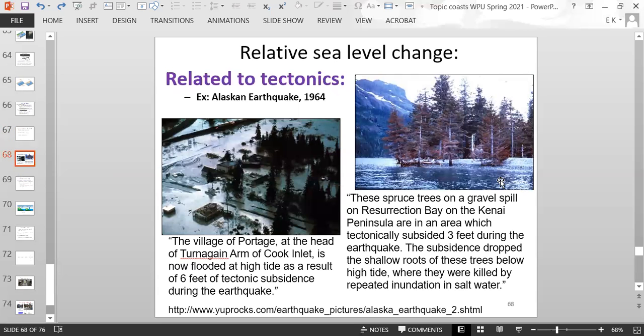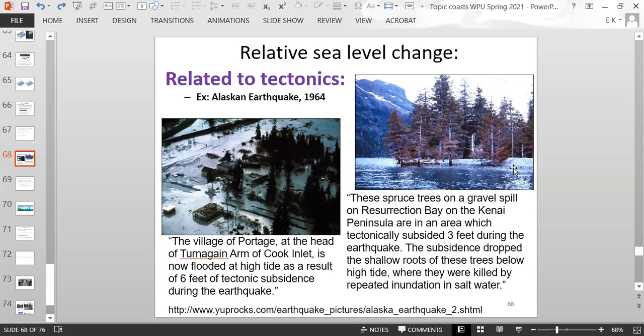You can also have relative sea level change related to plate tectonics. So here, the village of Portage, that is in Alaska, it's now flooded at high tide because of 6 feet of tectonic subsidence related to an earthquake in 1964.